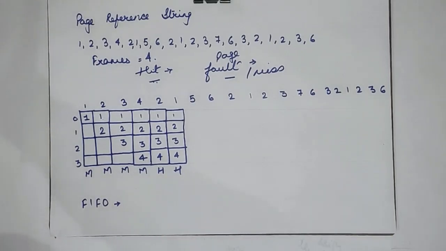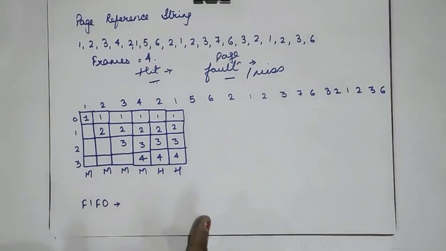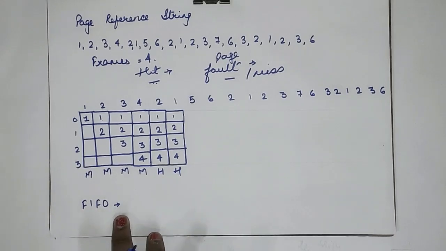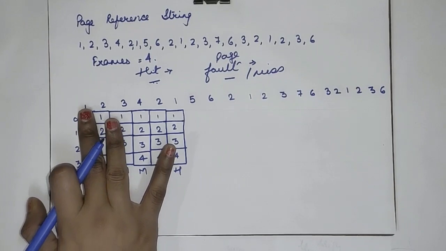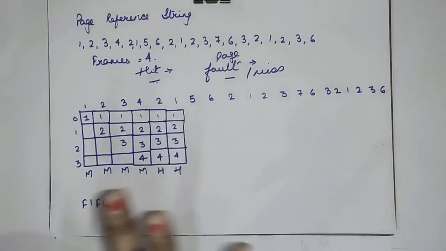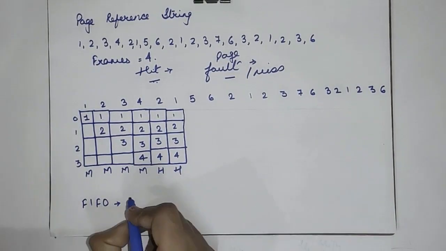So what is FIFO? We know FIFO is first in, first out. The page which is assigned the memory first will be replaced first. Simple. So what happens in FIFO?